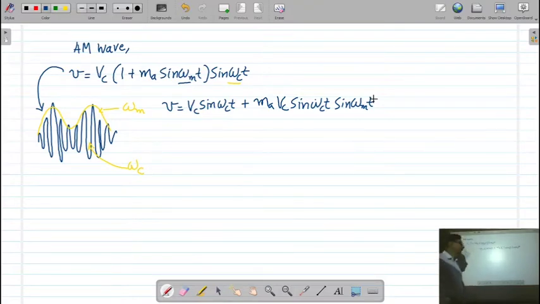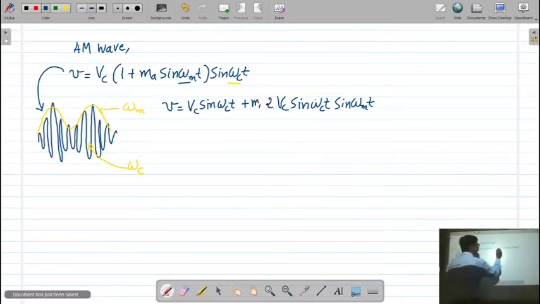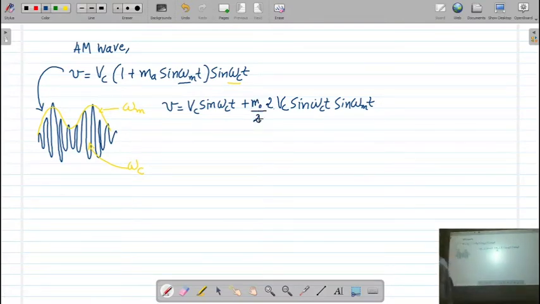Now, if I multiply by 2 and divide by 2, there will not be any change in my expression.